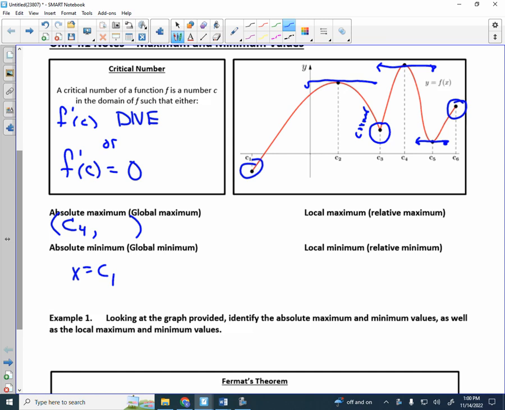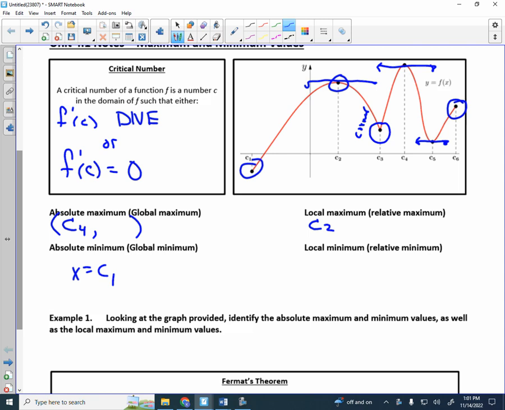But then we have these things called local minimums and local maximums, okay? And that means where it's the biggest or the smallest point right around that general area. And so we would say that this at C sub 2 is a local maximum. So that would be like the second biggest? Yeah, we don't really care which it is, just as long as in this general area it's the largest.